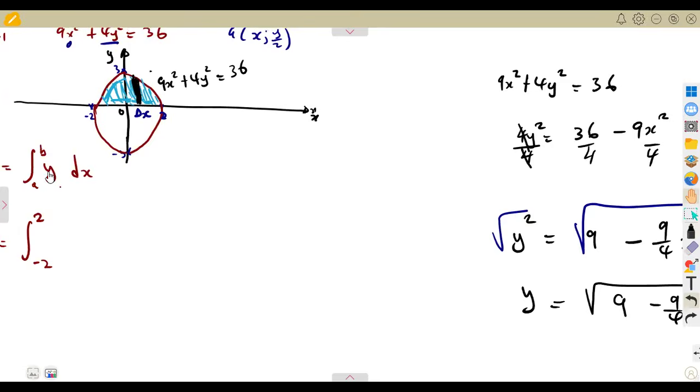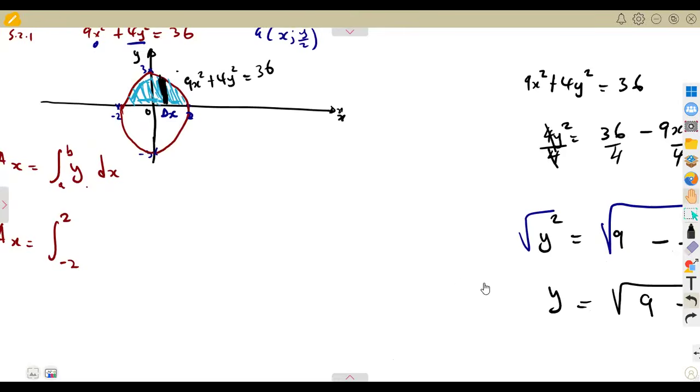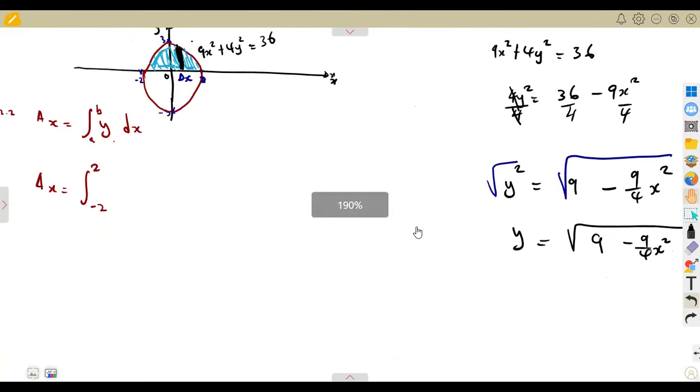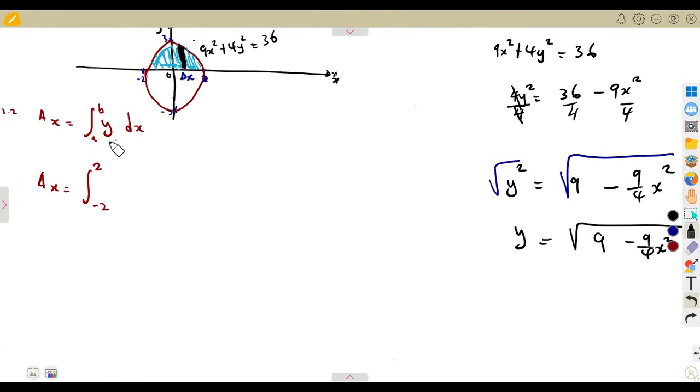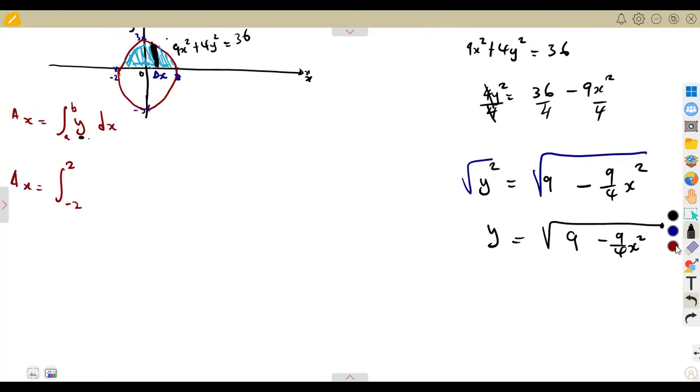Guys, there's no term outside. This is your y. Let me write it down, maybe you understand me. That's the integral of the square root of 9 minus 9 over 4x squared with respect to x.